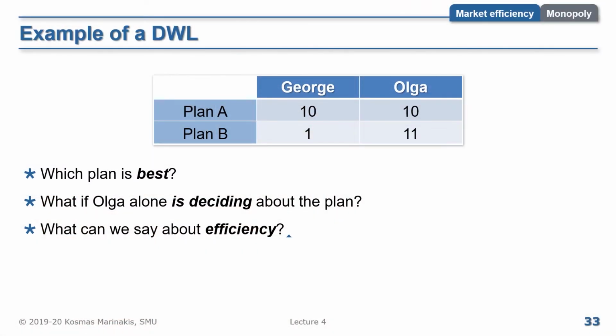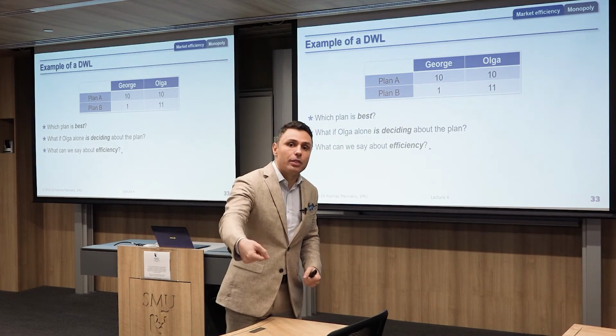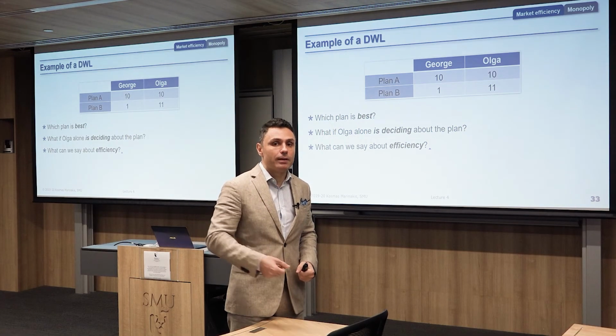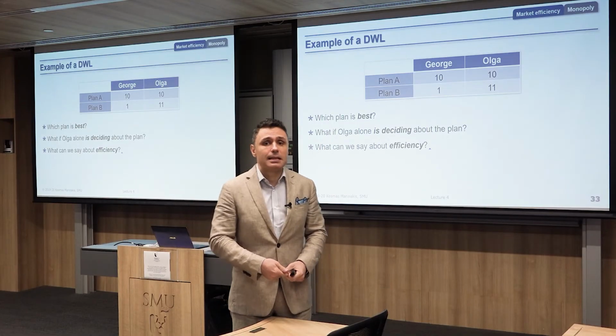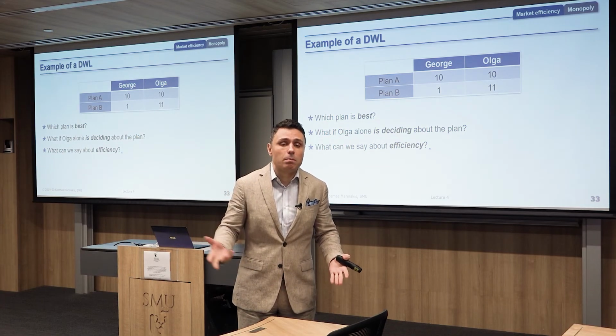Well, in this case, I could go to Olga and say, if you select plan A, I will give you 11 units total. So you will get 10 and I will give you another unit extra. So this will make your units 11. And Olga will be like, listen, if you can guarantee that to me, I don't mind selecting A because it will give me the same payment as B.